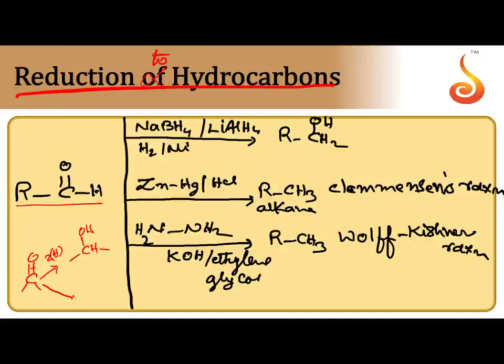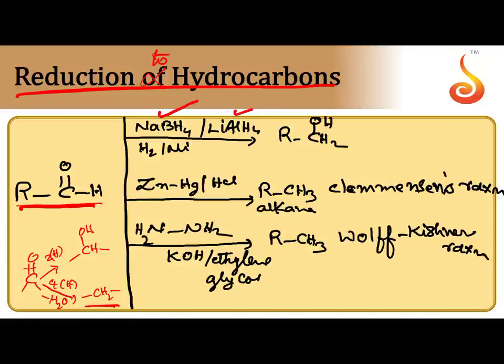This is alcohol. If 4 hydrogens are added, it is more reduction, complete reduction. 2 hydrogens combine with oxygen forming H2O, and 2 hydrogens are attached to carbon. The product is alkane. So an aldehyde or ketone undergoes reduction in two ways, to give alcohol as well as alkane.